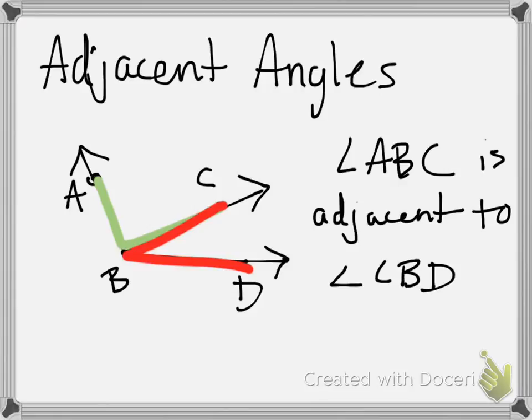So ABC is adjacent to CBD. In other words, it's right next to it. They share a common vertex. Okay, that's kind of the important part. They share a common vertex.